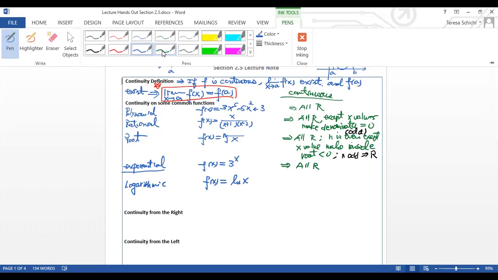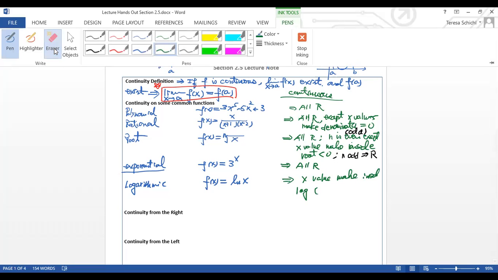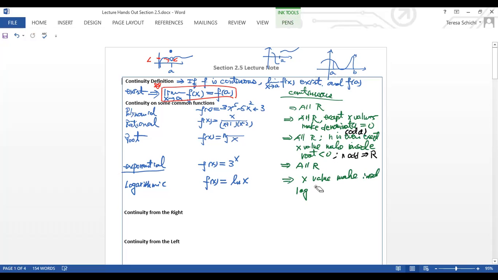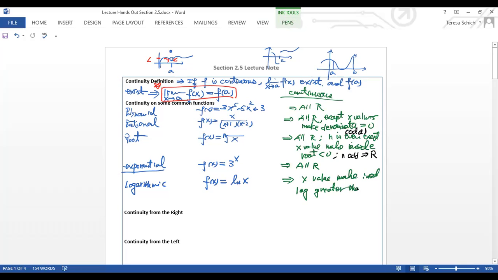So the inside of the log is greater than 0. That's why, when you look at the function, you define the continuity.